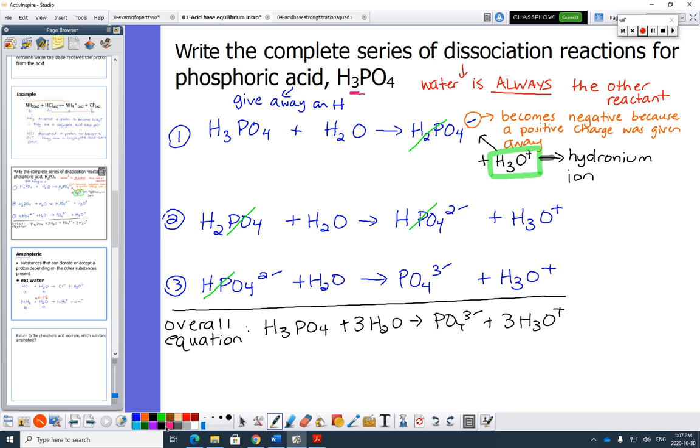Again, the word acid is literally in the question, so this is definitely an acid. And we're trying to show that we are giving away a proton each time. So all of these are acids.